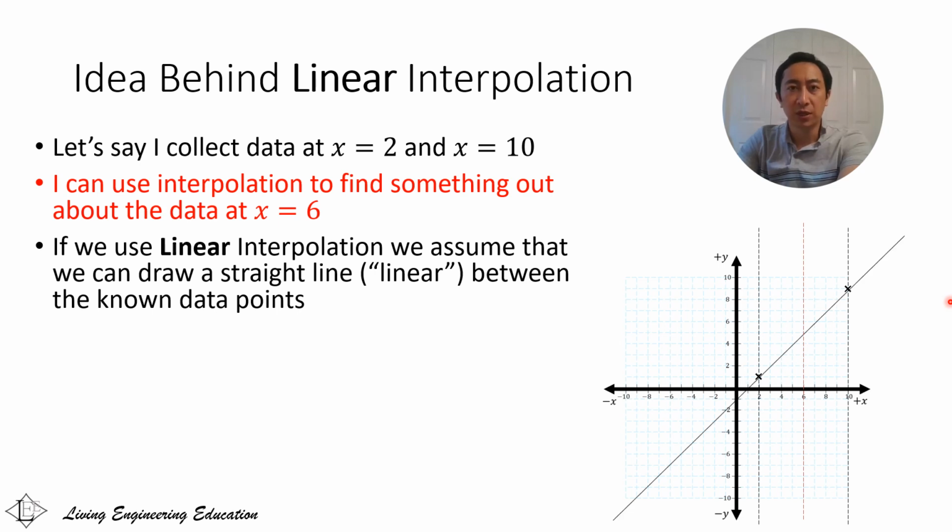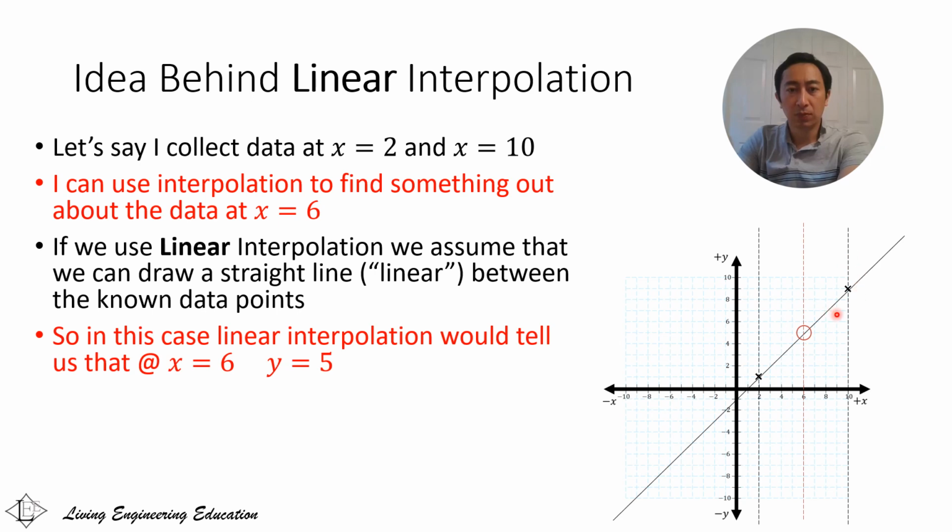And we've been using equations y equals mx plus b, looking at this straight line through this series already. So just looking graphically here, we can see this line intersects the x equals 6 vertical line at some y equals 5.